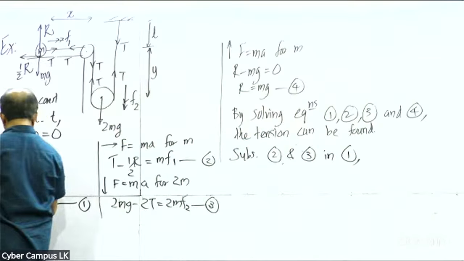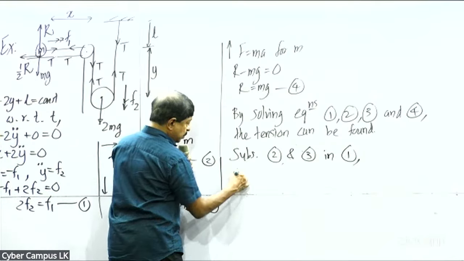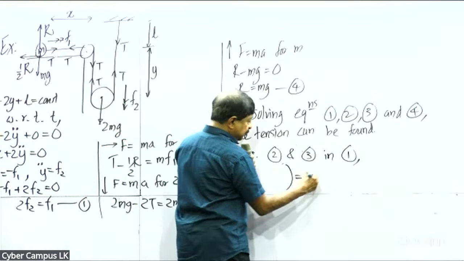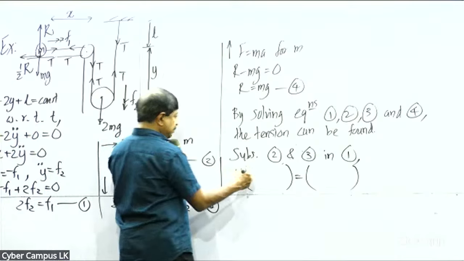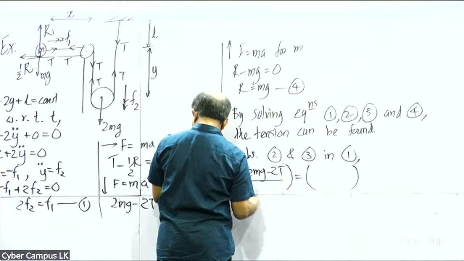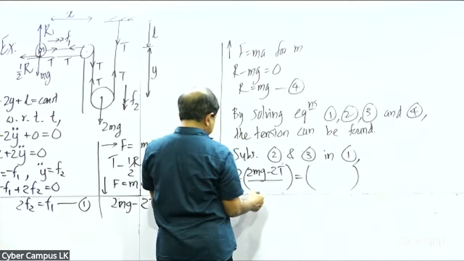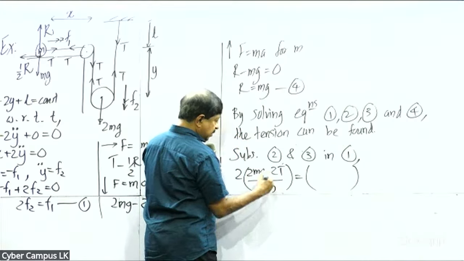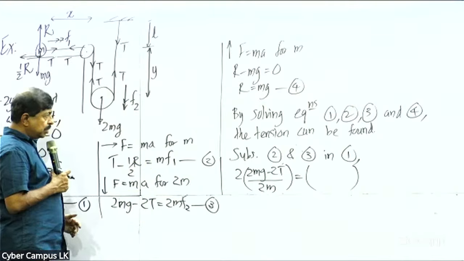So you have 2F2 is F1. Now what is F2? F2 is this: 2mg minus 2T divided by 2m. It would have been divided by 2 anyway. Shall I do that?